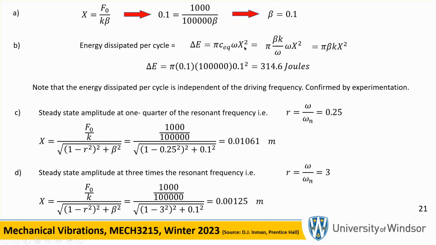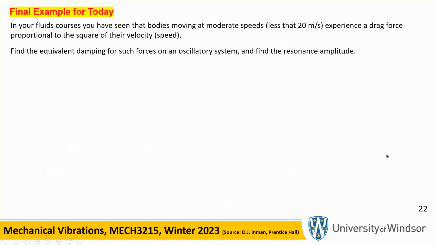At resonance, the amplitude is large, 0.1 meter, as given. To the left or to the right of the resonance point, the amplitude is one order of magnitude smaller on one side and 2 orders of magnitude smaller on the other.